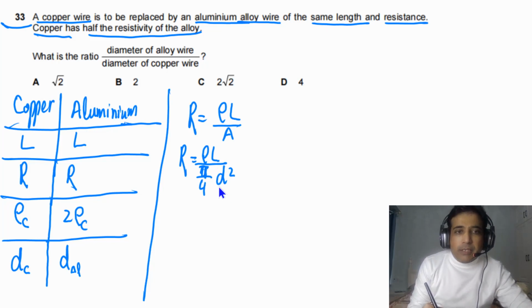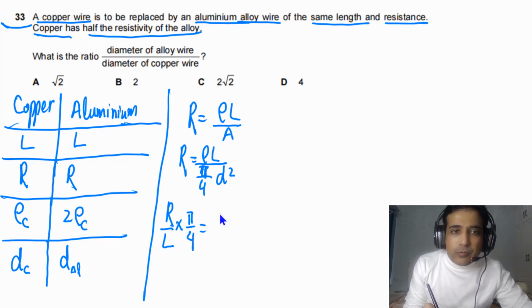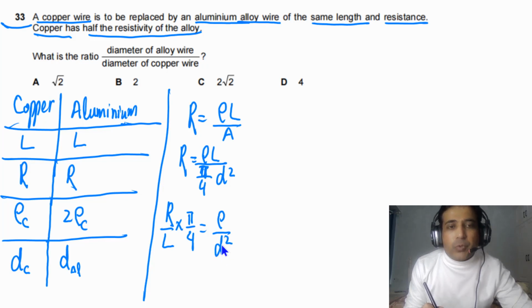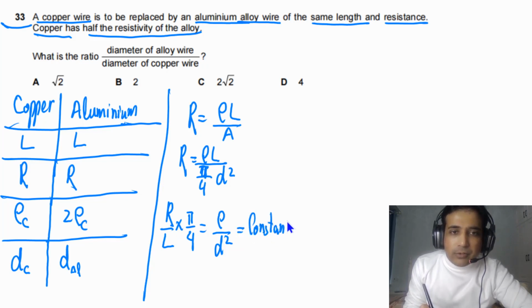Now in this case R is constant, L is constant, so we can bring L to this side. We can also multiply with this pi by 4. So we are left here with rho divided by d squared. This side is constant, so the ratio between resistivity and diameter squared for these two wires is constant.